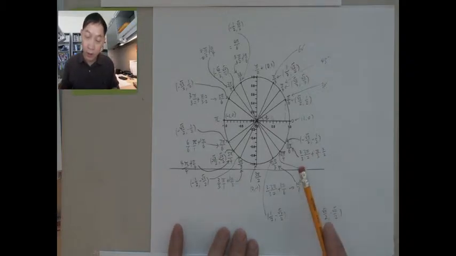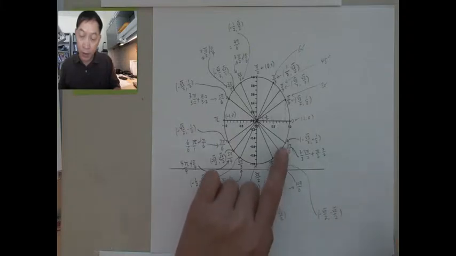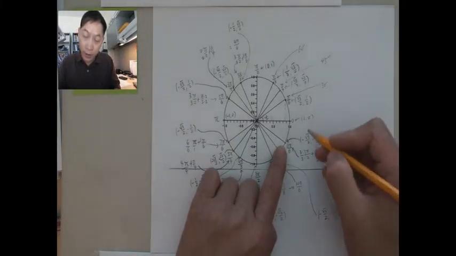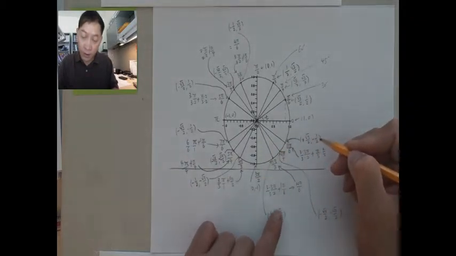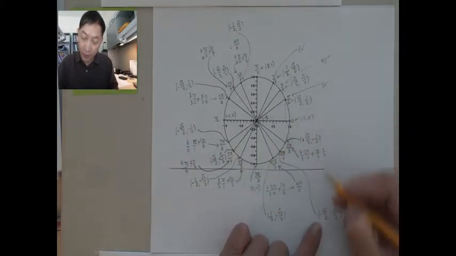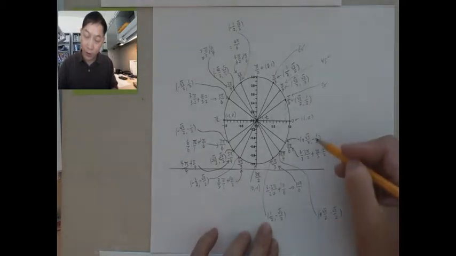Now, which one should I pick? I may pick this one. Here the x coordinate is positive now, and all x coordinates are positive. Y coordinates are negative.